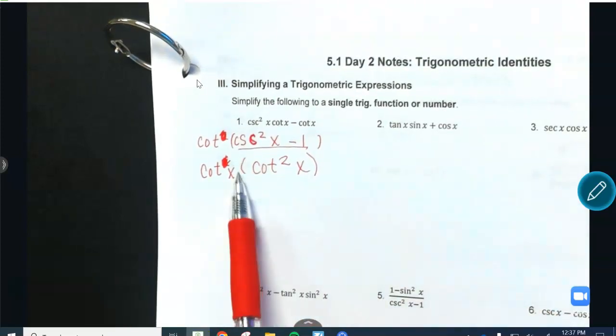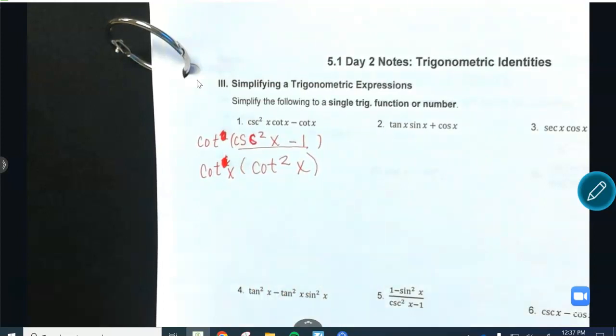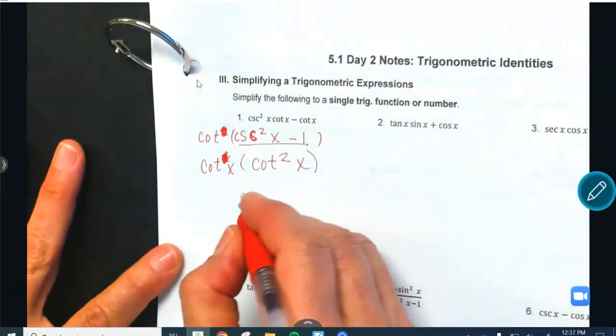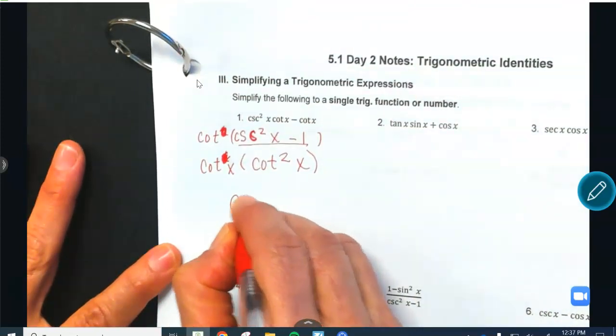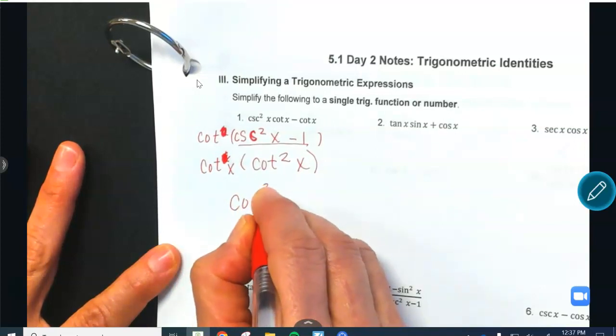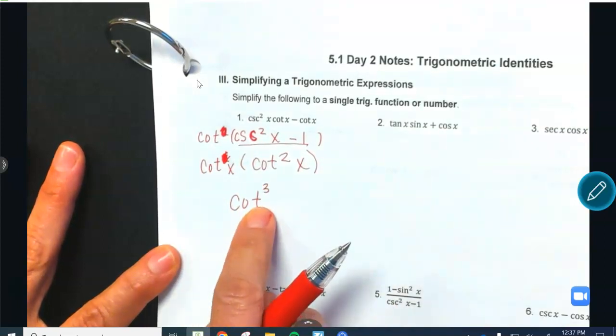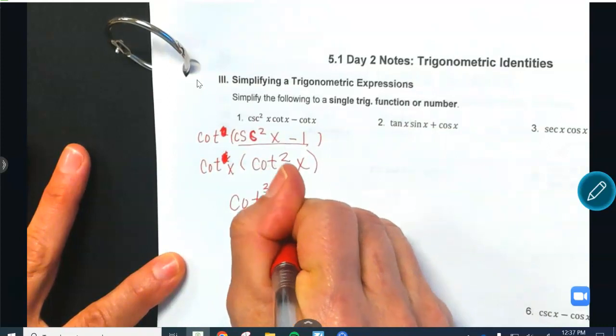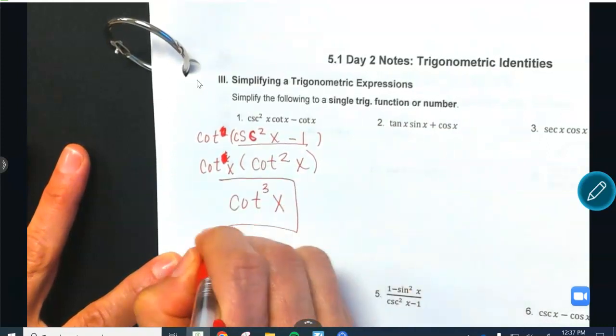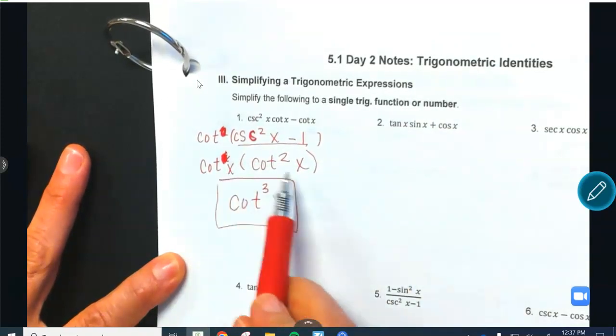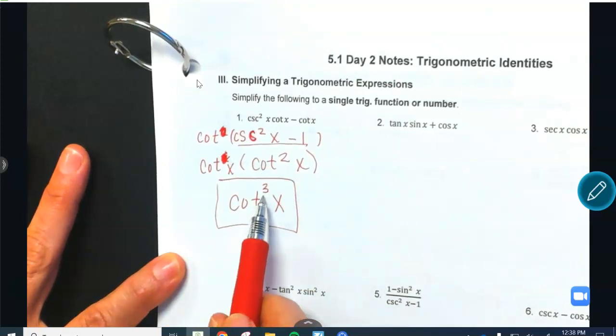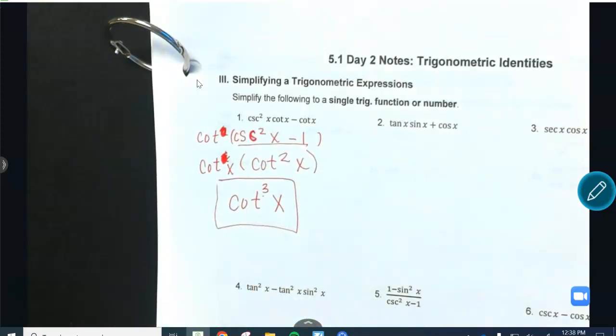Y'all, what is x times x squared? X to the third, that's right. That's what this is going to be. This is our single trig function. But the exponent goes right behind the t, and then you put the x. So you had one of these times 2 of these, you had a total of 3.